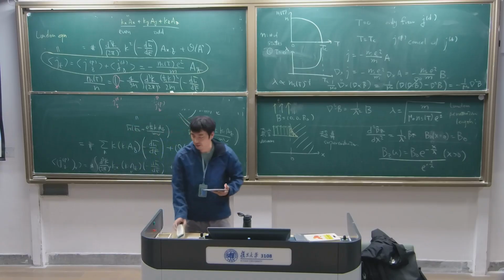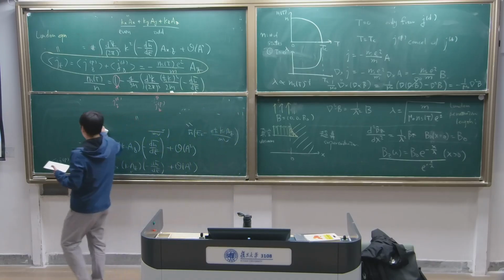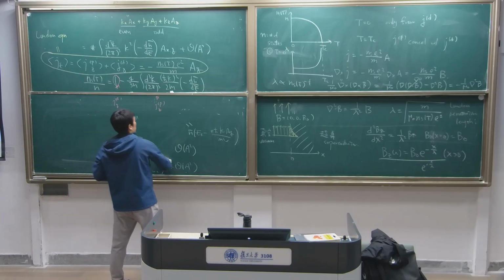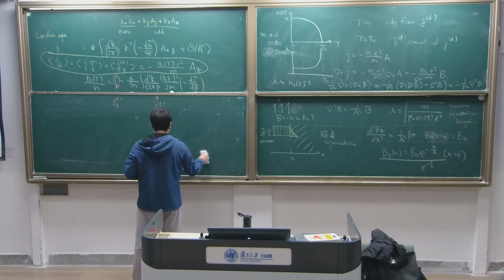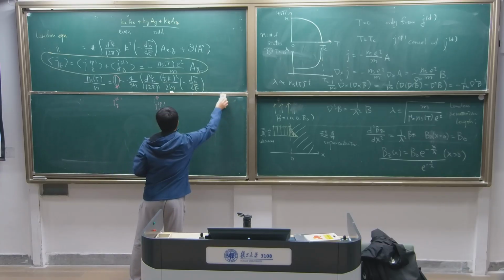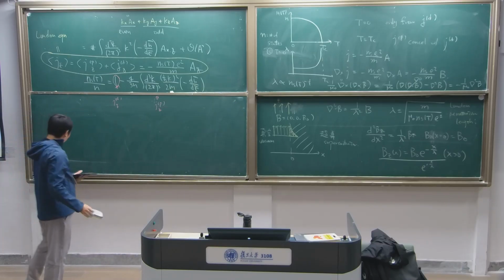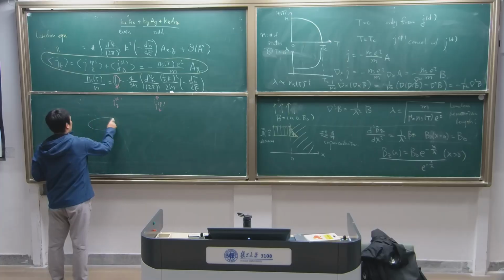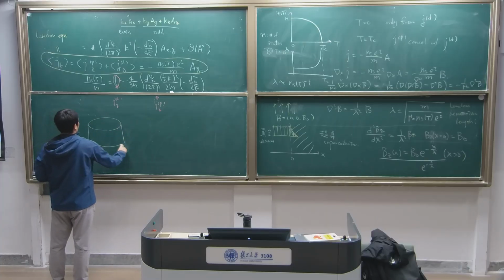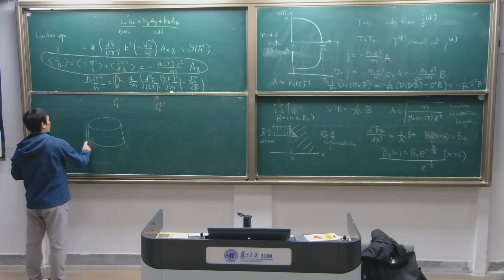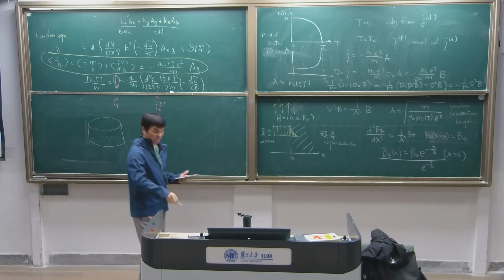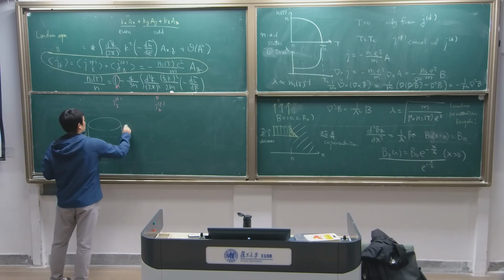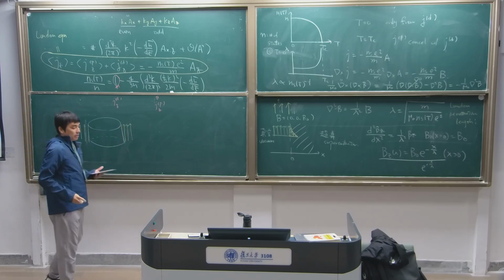So this means the following. Physically, what's really happening is that if you have a superconducting material like this way, and then apply the magnetic field in like this way, they create some current.